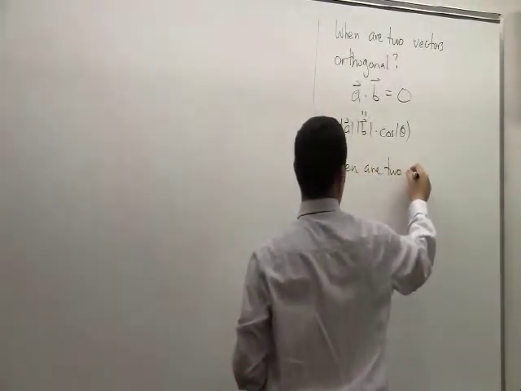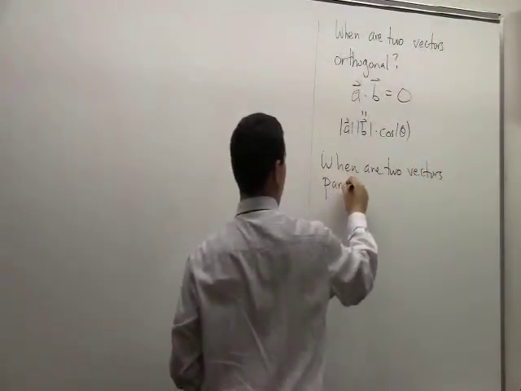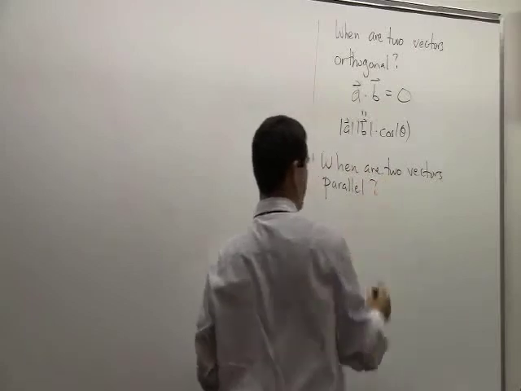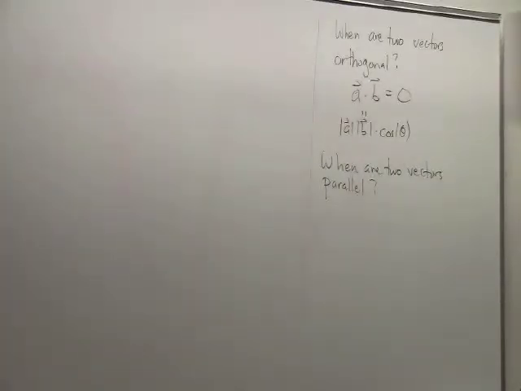When are two vectors parallel? Okay, so parallel means for vectors they're actually going in the same direction or opposite directions, right? Exactly opposite directions. Both would be considered parallel to us.